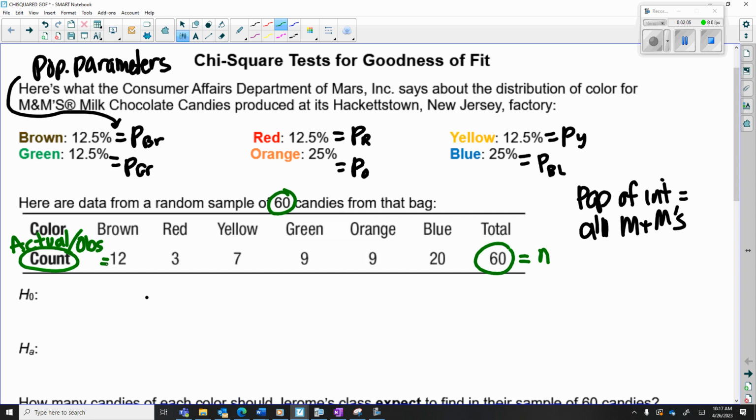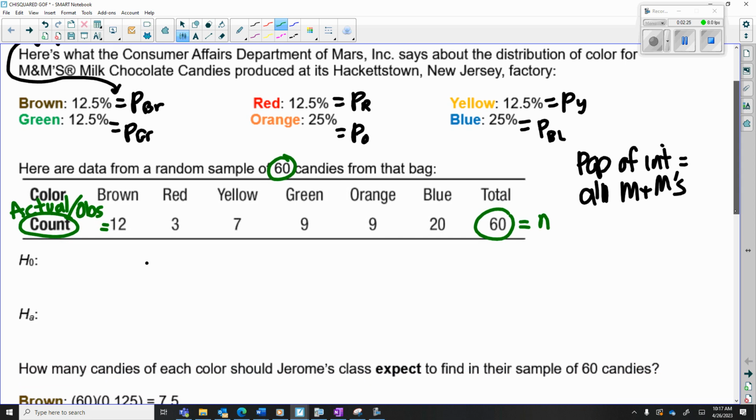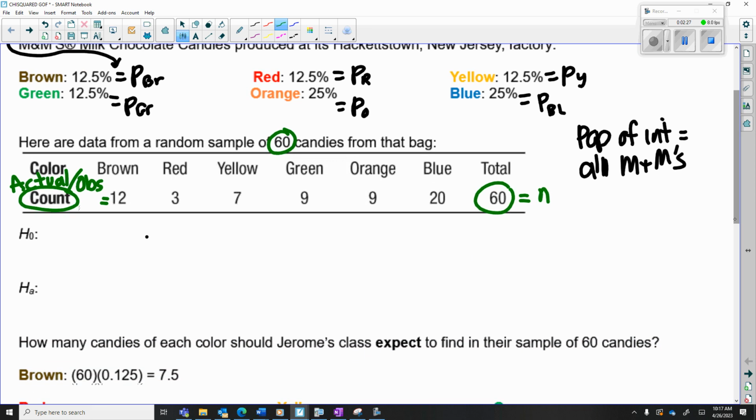So the question with the chi-squared is, are the numbers that I actually got in my bag consistent with the advertised percents, or are they different? Is at least one of the percent breakdowns different from the advertised? Because there are more than two proportions, instead of calling this a 1 proportion Z test or a 2 proportion Z test, there are too many proportions here.